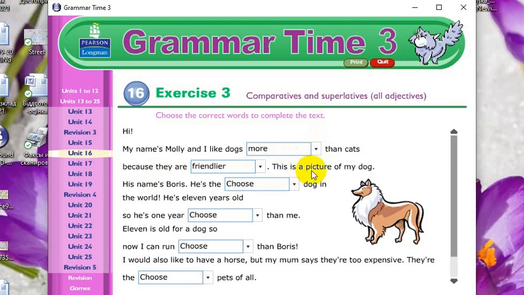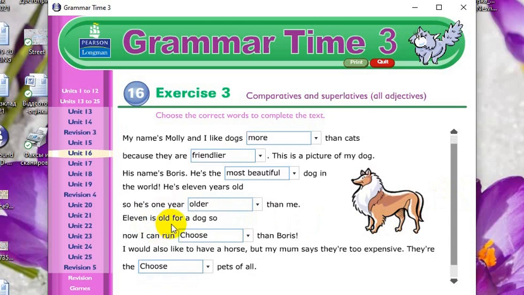This is a picture of my dog. His name's Boris. He is the most beautiful dog in the world. If you have the article the, you can use the superlative form. He is 11 years old, so he is 1 year older than me. We compare our dog with us, so older than me.